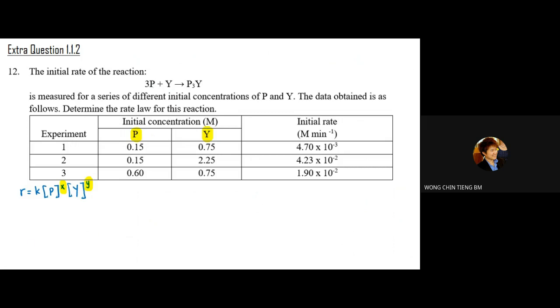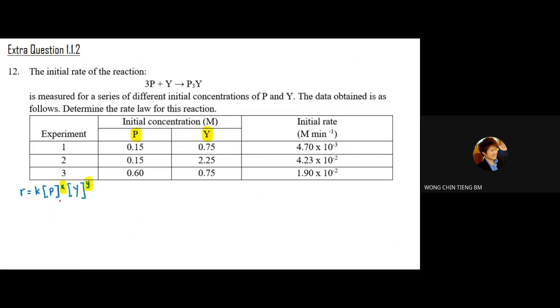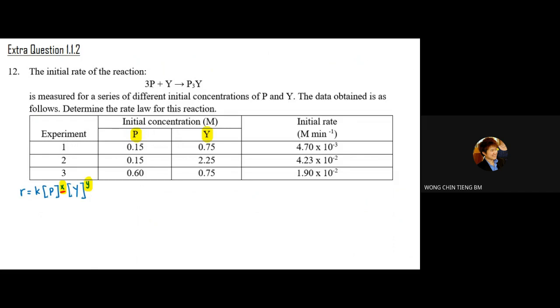Kalau yang kamu nak cari adalah X, if we are looking for the X is the power of the P. Betul? Sekarang kalau saya kata saya nak cari X, okay? I want to find for this, bermakna Y kena sama.